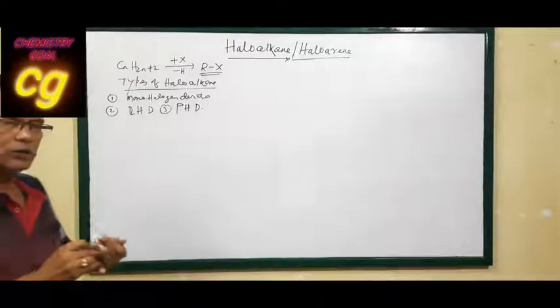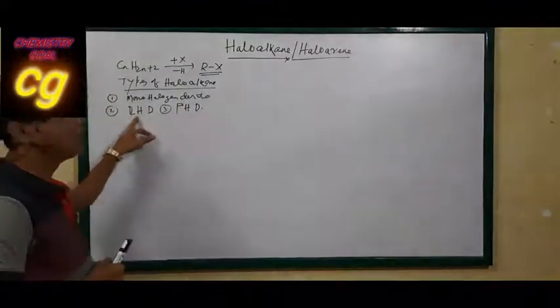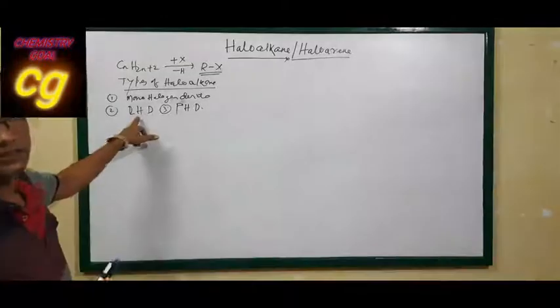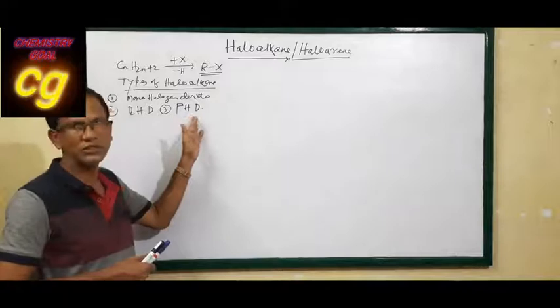If one halogen is replacing, that is called monohalogen. If two halogens are replacing, that is called dihalogen. More than two, that is polyhalogen derivatives.